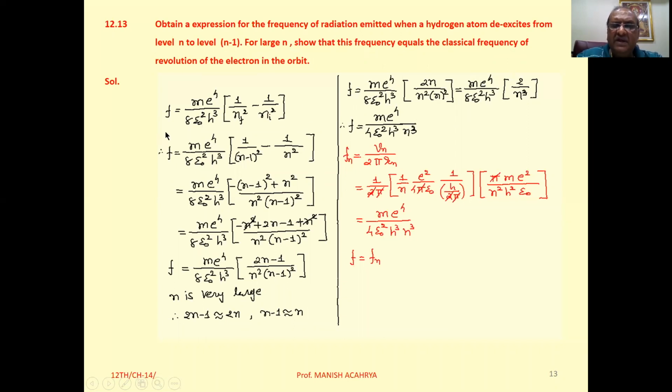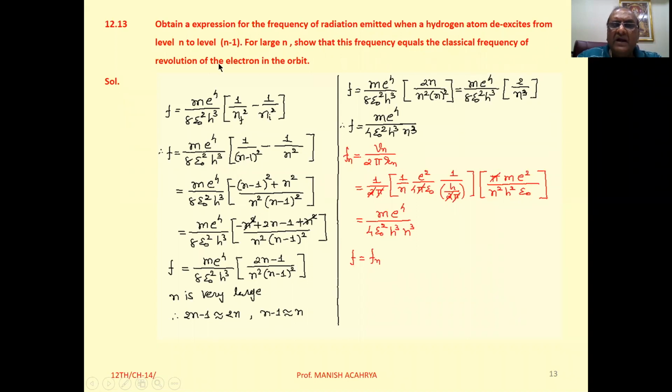Now see, we have the equation for frequency, that is me^4 upon 8 epsilon 0 square h cube into 1 upon nf square minus 1 upon ni square for the transition from ith state to fth state.